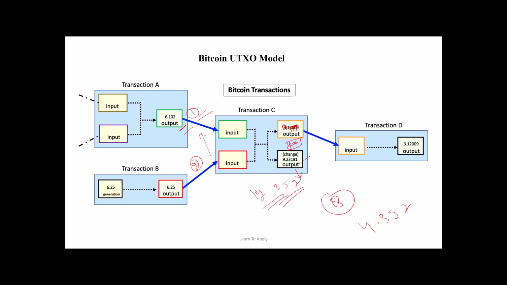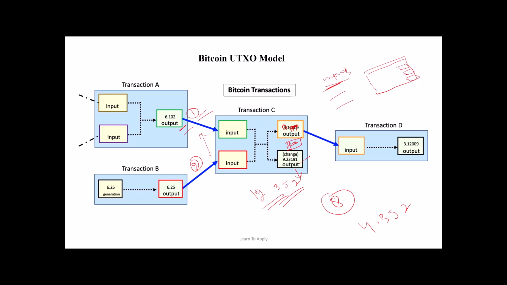So that is how transactions are done. We see there are inputs, and multiple inputs could be there depending upon the need of an account. If an account wants to transfer more than what he has in a single UTXO, he has to use multiple inputs, and he will create outputs depending upon the requirement.